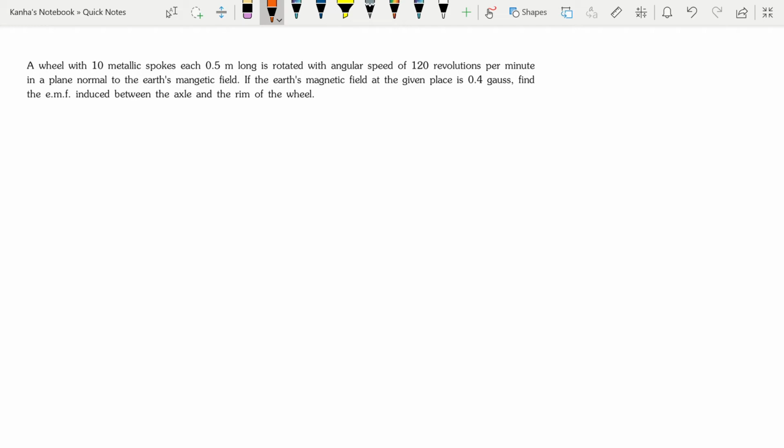First of all, I can write my angular velocity as 2 pi times n, which is nothing but 2 pi times 120 by 60, which is equal to 4 pi. So this is my first equation.